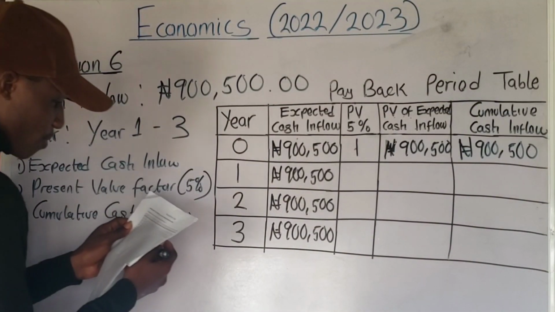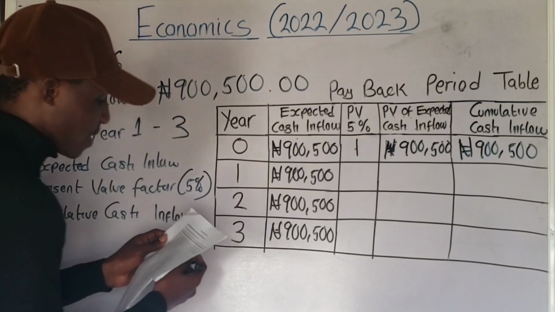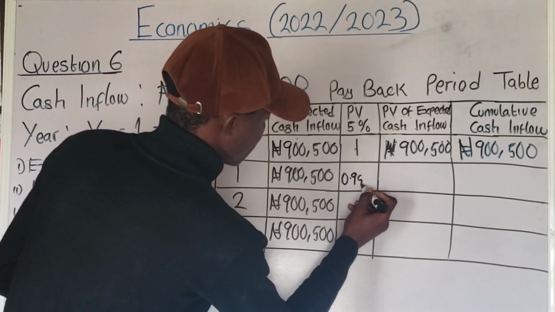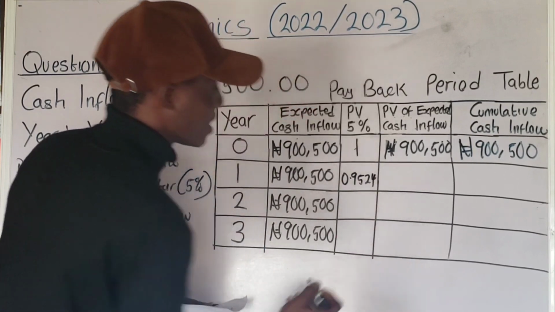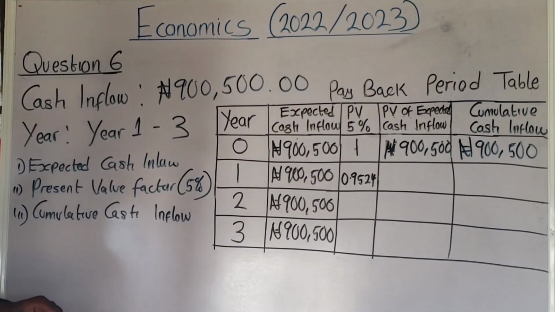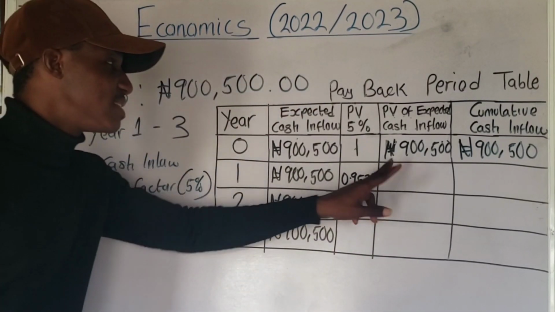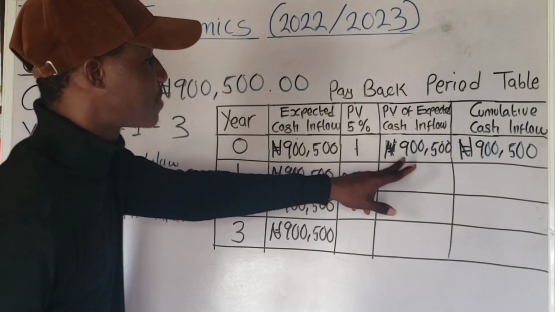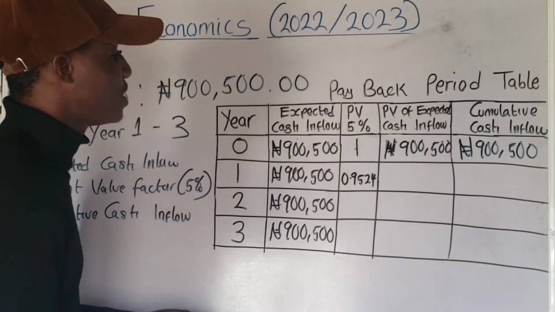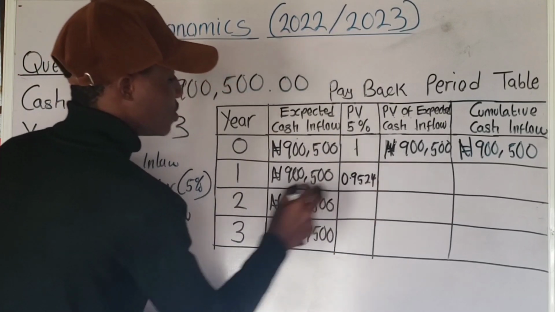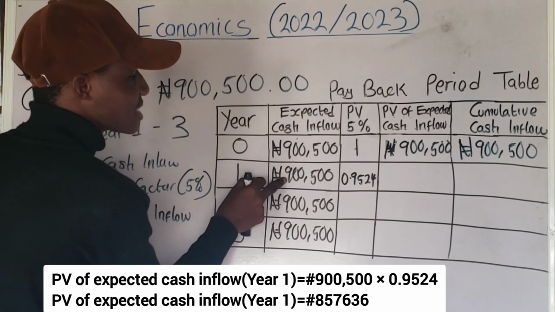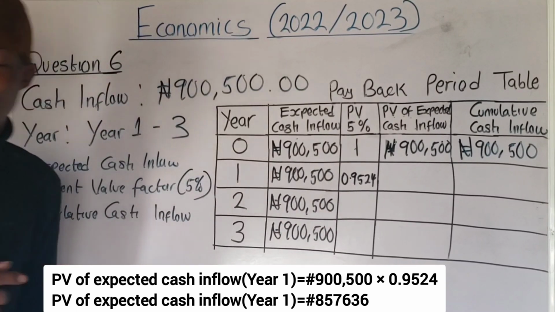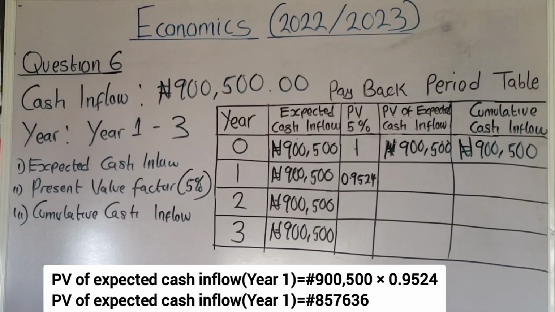So the PV at 5% for year one would be 0.9524. Do you understand? Now we want to get the PV of the expected cash inflow. That will be the product. To get the value of these cells now, it will be the product of 900,500 naira multiplied by 0.9524. Do you understand?